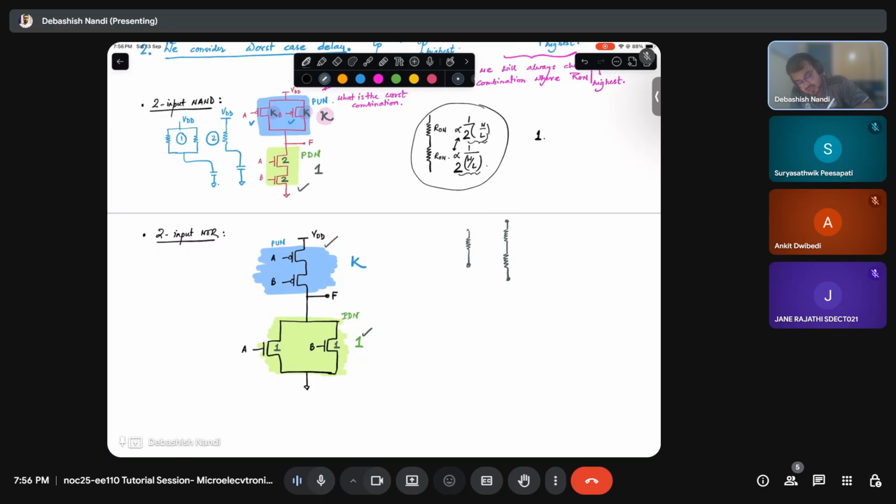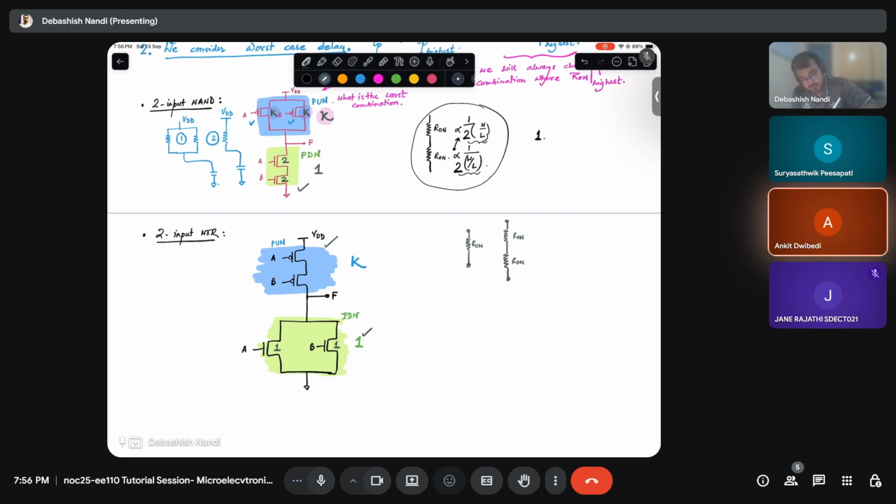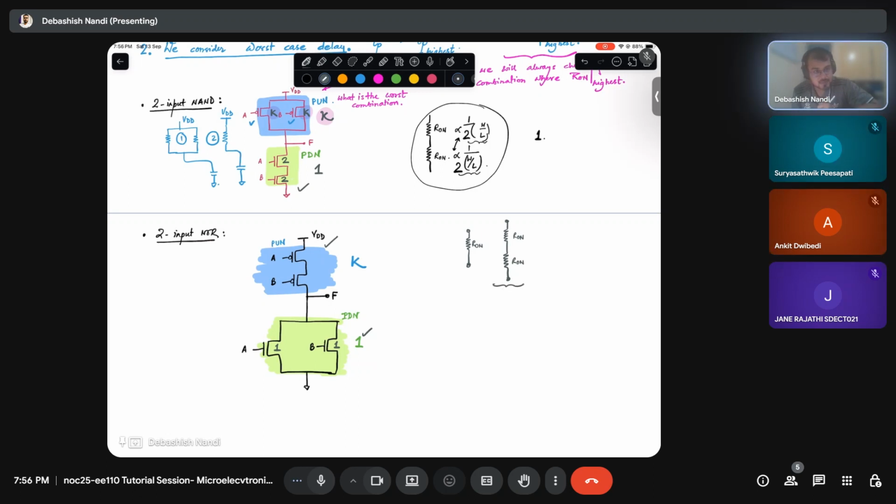Which is the worst case, or maximum resistance? Second one. This one, right? Yes, sir. So I will size it as twice K and twice K to convert the overall delay of the PUN network so that it becomes K.